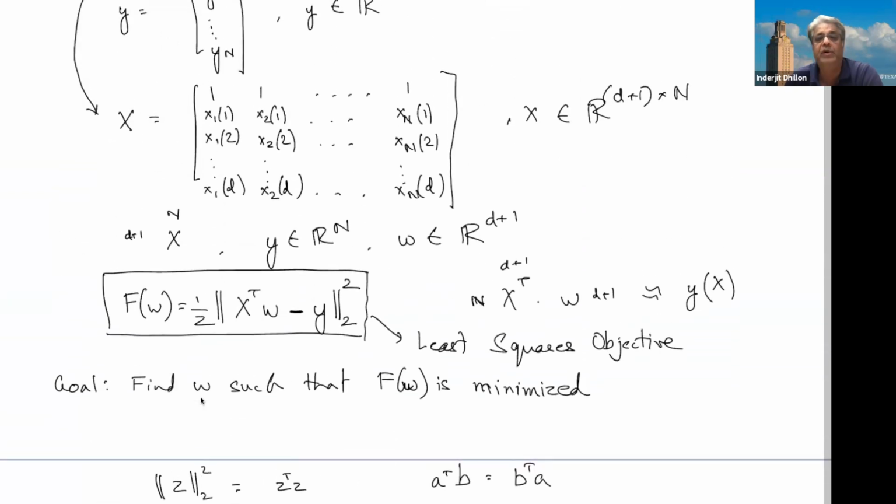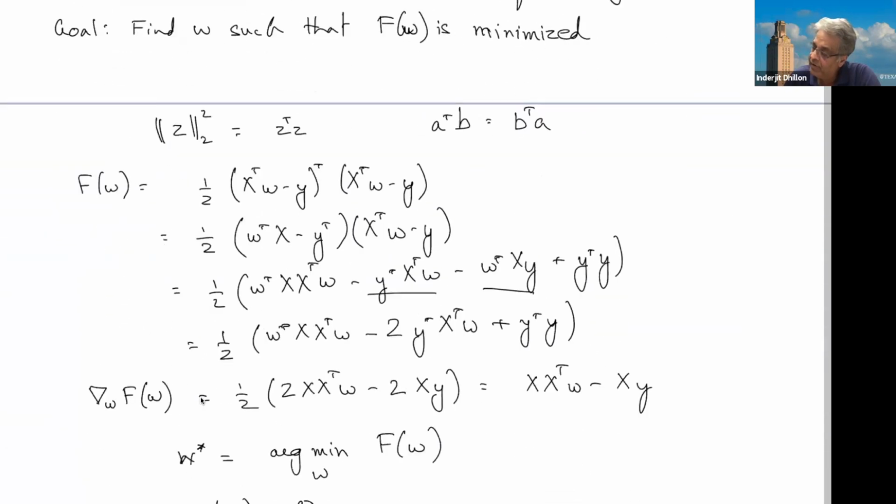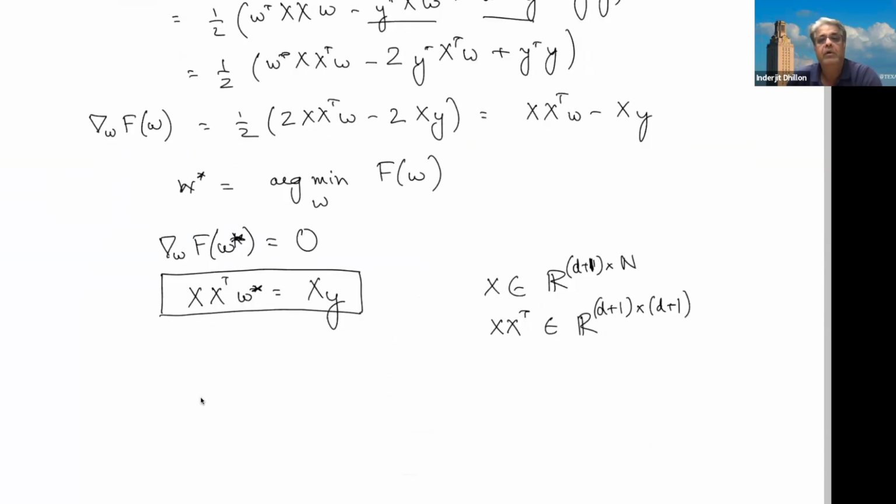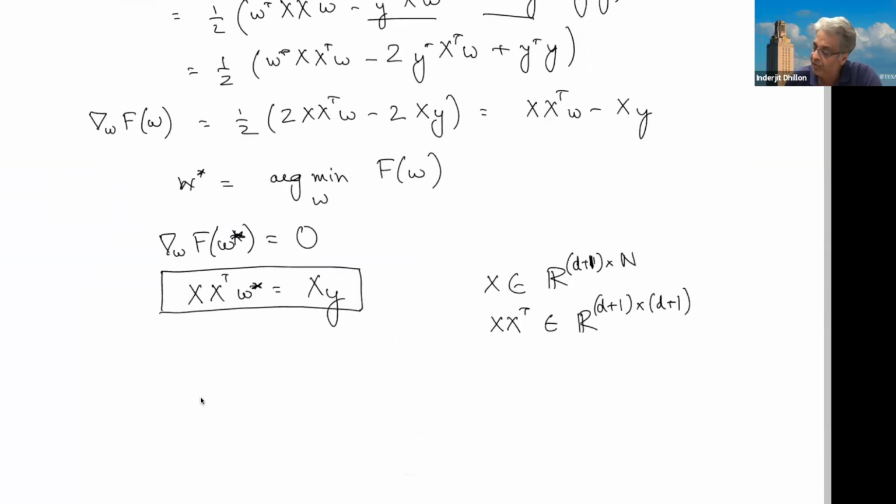X was D plus 1 by N. X transpose, well, how big is this? It's D plus 1 by D plus 1. What is W? W is D plus 1.